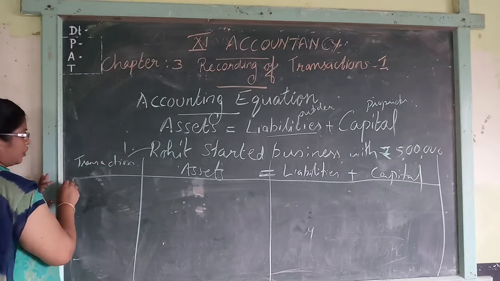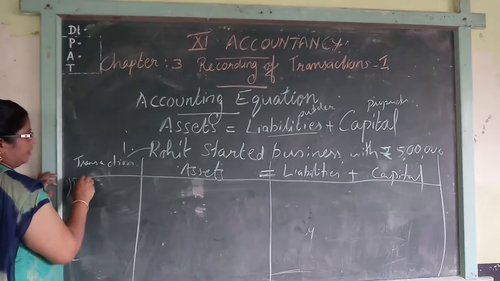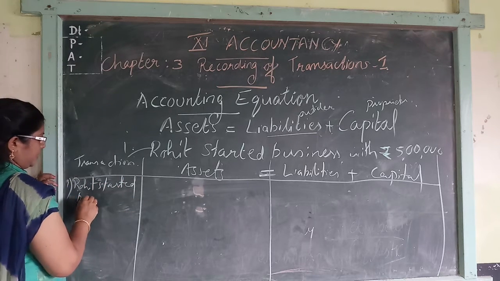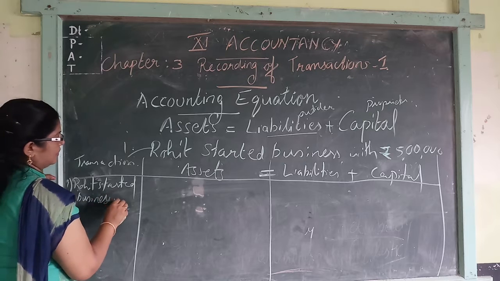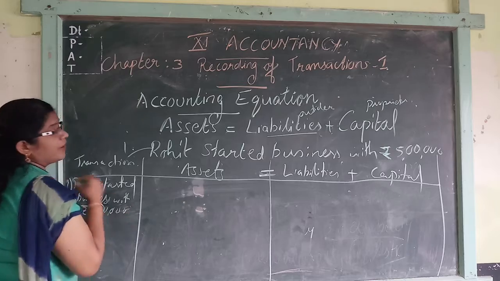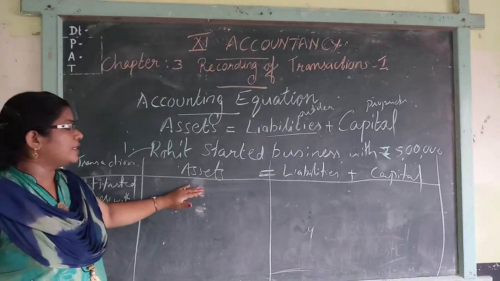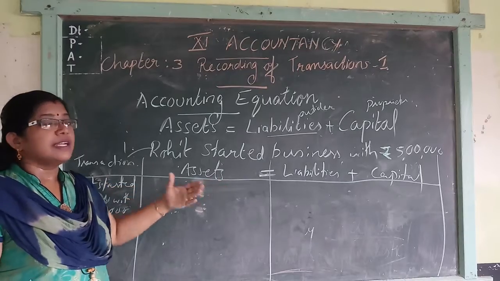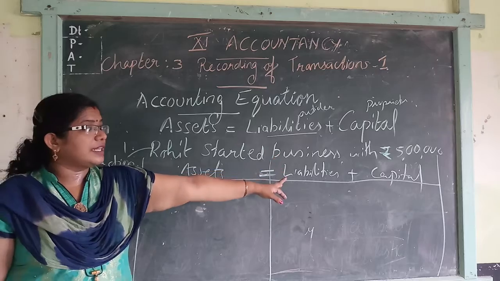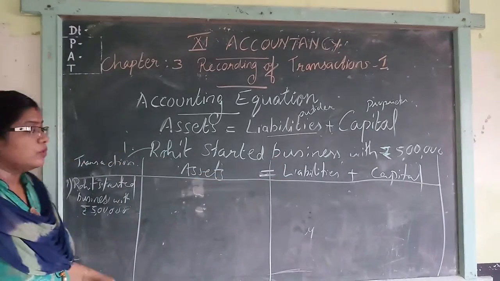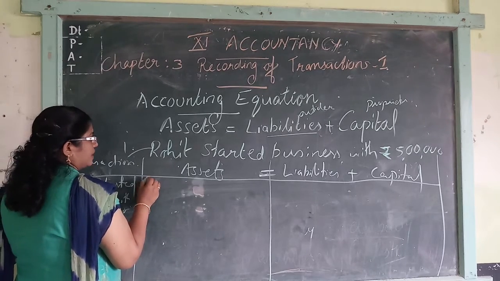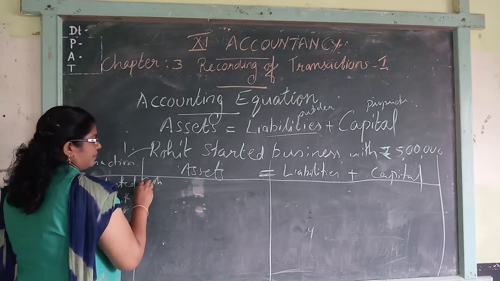What is the transaction? Transaction number 1: Rohit started business with rupees 5 lakh. On the asset side it is cash, and on the liability side it is capital. Under assets we write the name of the asset, cash.